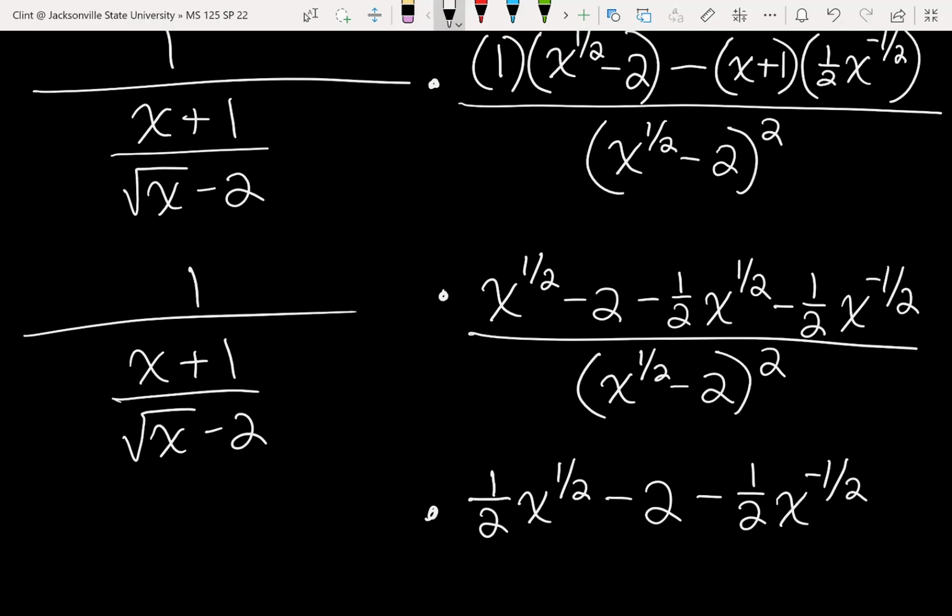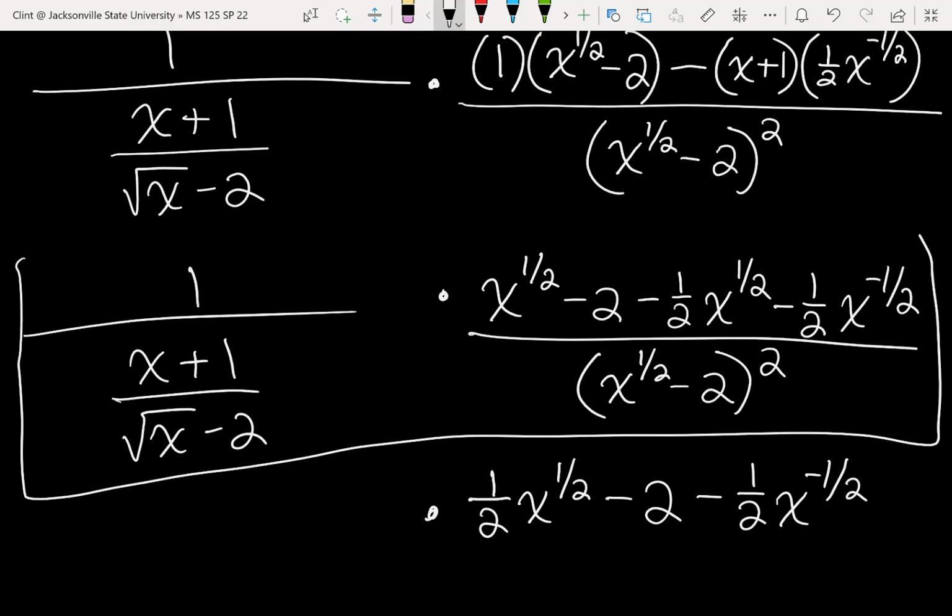And then does any of that matter? I don't see anywhere really that that's going to help us out too much. So probably we can just be happy right here. It's just a big ugly answer.